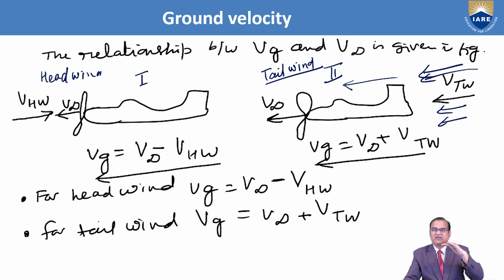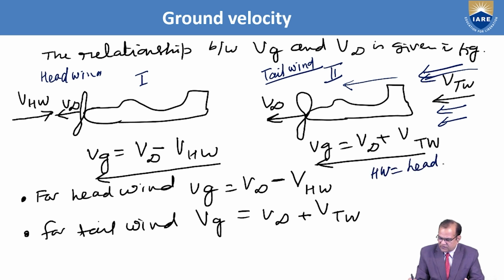So if the aircraft is in headwind, the ground velocity will be less, and if it is in tailwind, the ground velocity will be more. For the headwind, Vg is equal to V infinity minus VHW. HW is headwind, TW is tailwind.